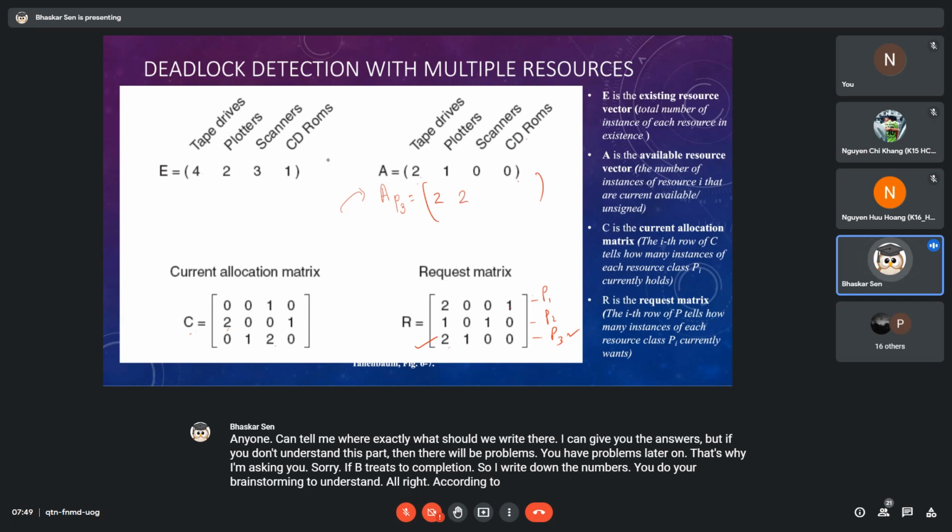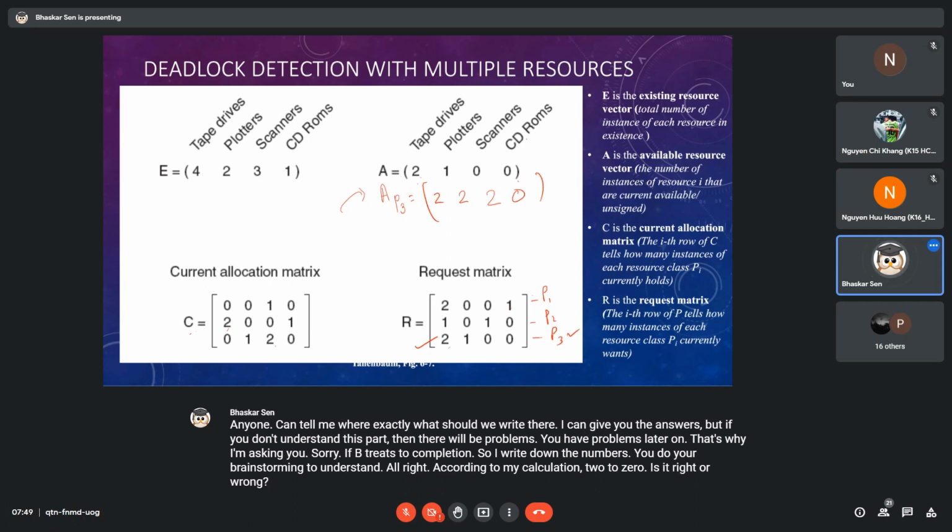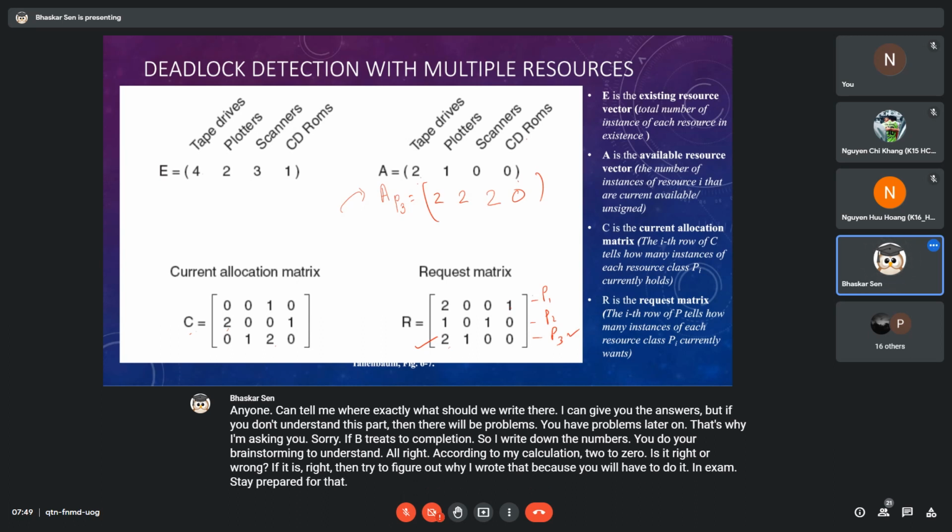According to my calculation, 2220. Is it right or wrong? If it is right, then try to figure out why I wrote that, because you will have to do it in the exam. Stay prepared for that.